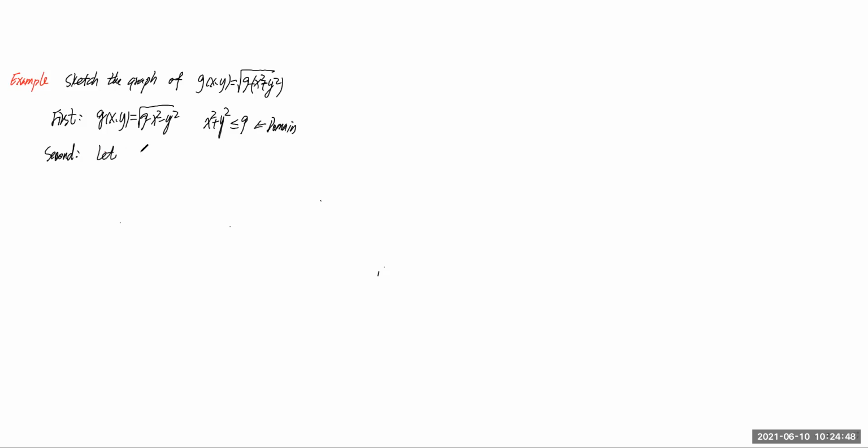Okay, and then let's continue. Let z be the square root of 9 minus x squared minus y squared, and then we square both sides. We get z squared is 9 minus x squared minus y squared. So let's change it to another format. We just move x squared and y squared to the left hand side from the right hand side. So what's this?